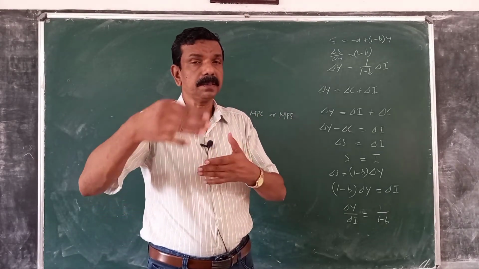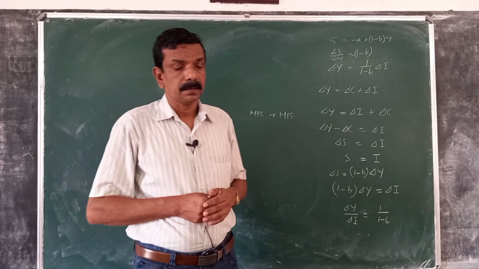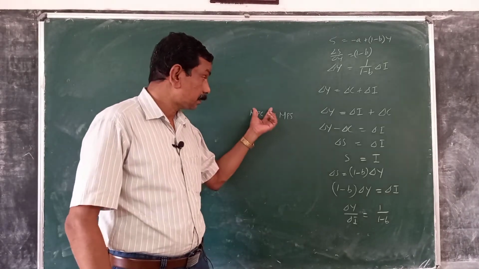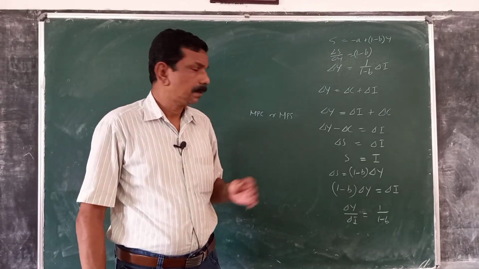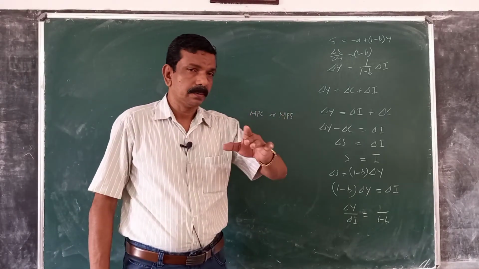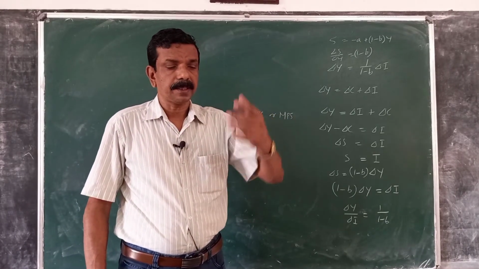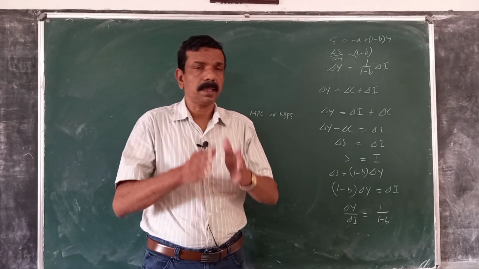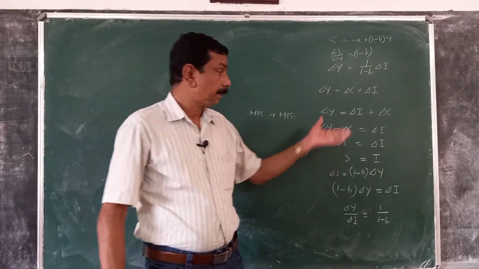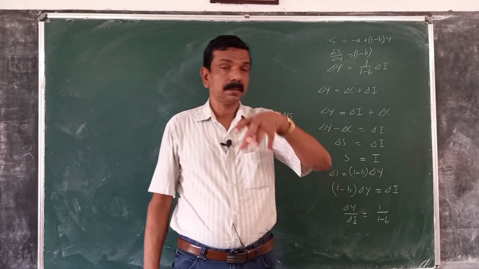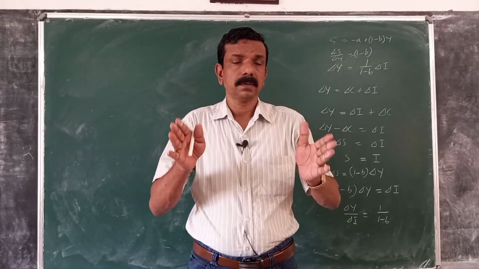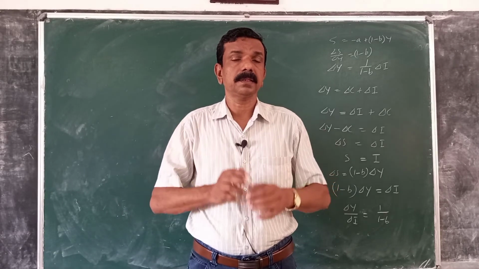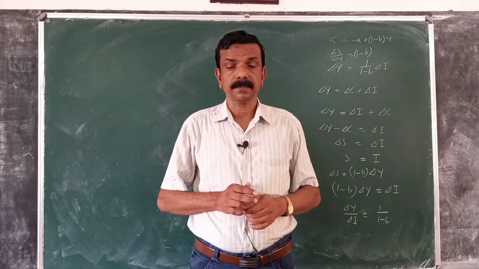If the value of MPC is very high, then the instability caused by an increase in investment will be very high. If the value of MPC is low or MPS is very high, its impact will be low. So, the practical significance of MPC or MPS is very crucial in the Keynesian theory of income determination.